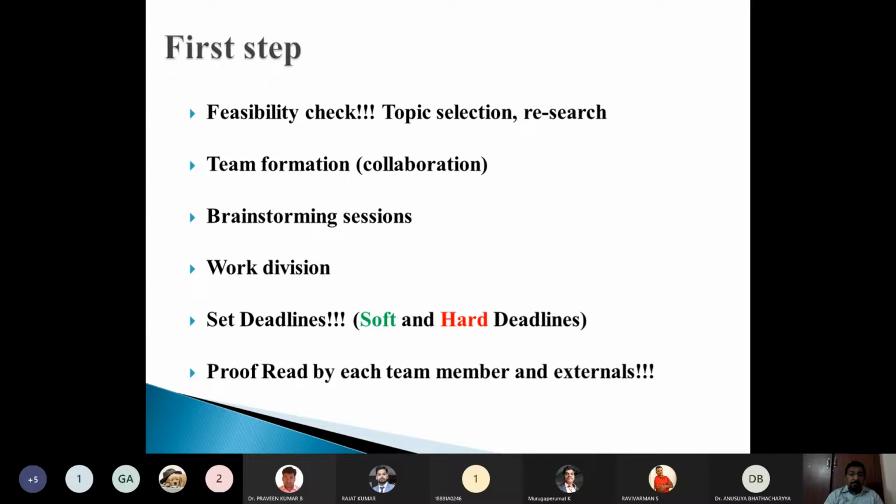And how do you formulate this particular team? Can we have any inputs from the people here? When you are starting a particular work, how do we decide upon the team members? Any inputs, or maybe we can have some inputs from the students also. Forget about research. Whenever you are forming a team, how do you decide the team?